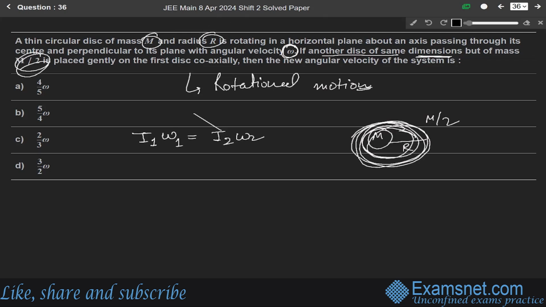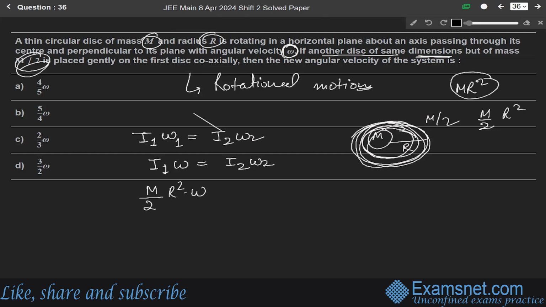Since omega 1 is omega, we can write I1 into omega equals I2 into omega 2, and we know that the moment of inertia I is m r square by 2, since it is a circular disk. So in place of I1 we can write m by 2 r square into omega, and it will be equal to I2, which is m by 2 r square into 3 by 2, because the mass is becoming one and a half times the previous one, into omega 2.